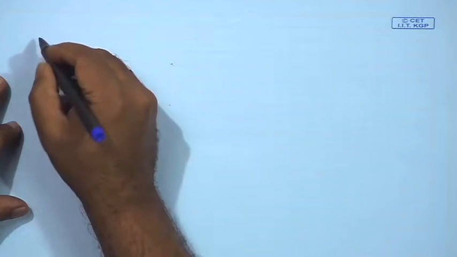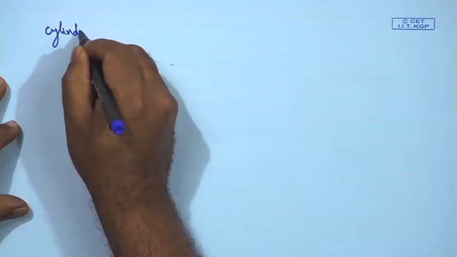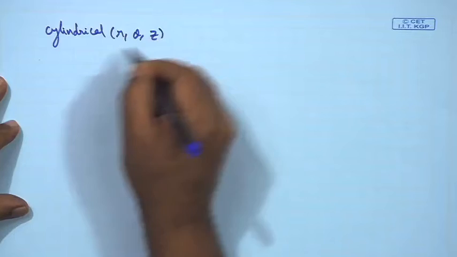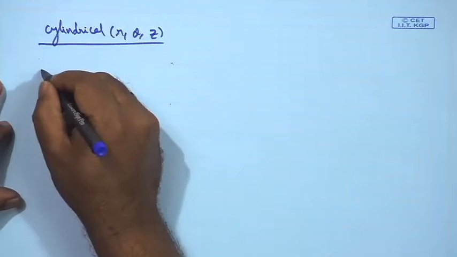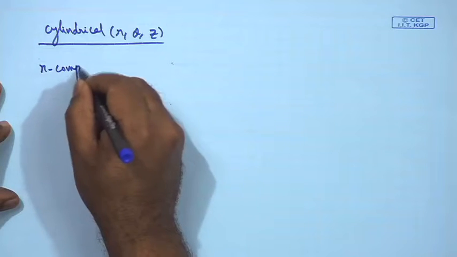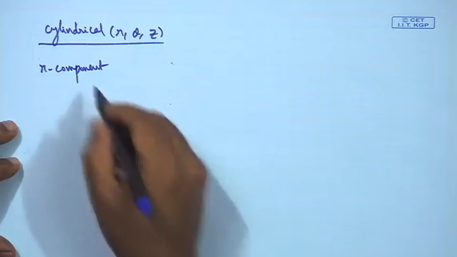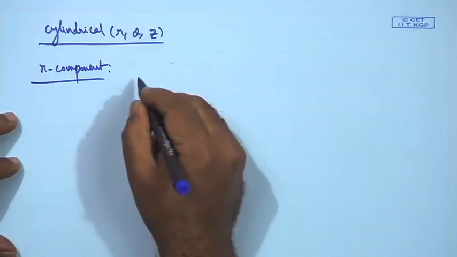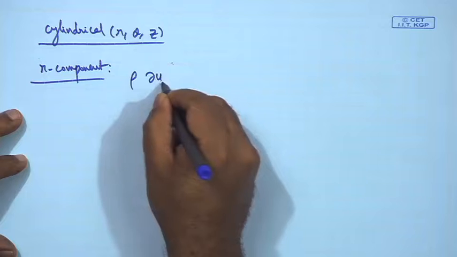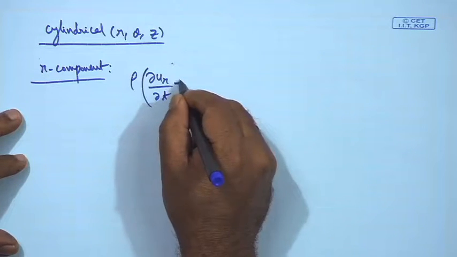We are considering the cylindrical r, theta, z coordinate system, and writing the r component. Maybe we discuss one or two components, not all. This is the full Navier-Stokes I am writing in component form just to get an idea.